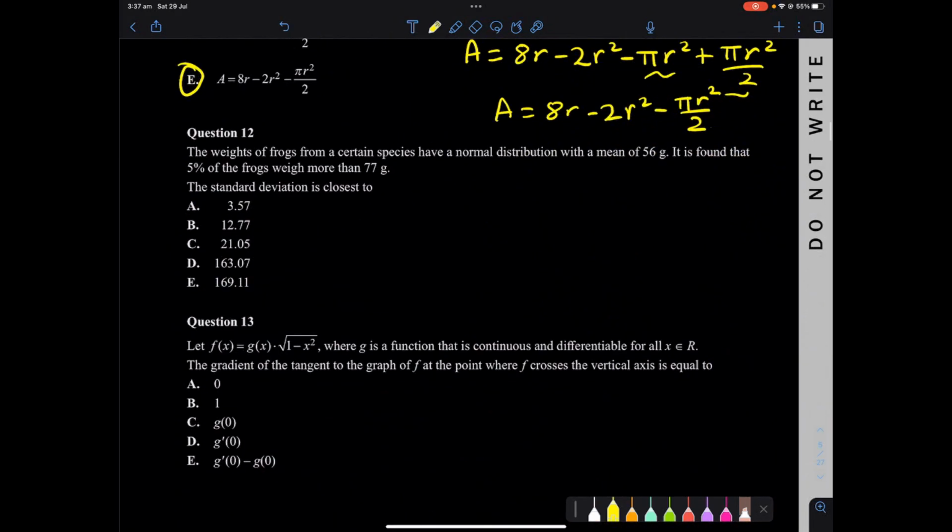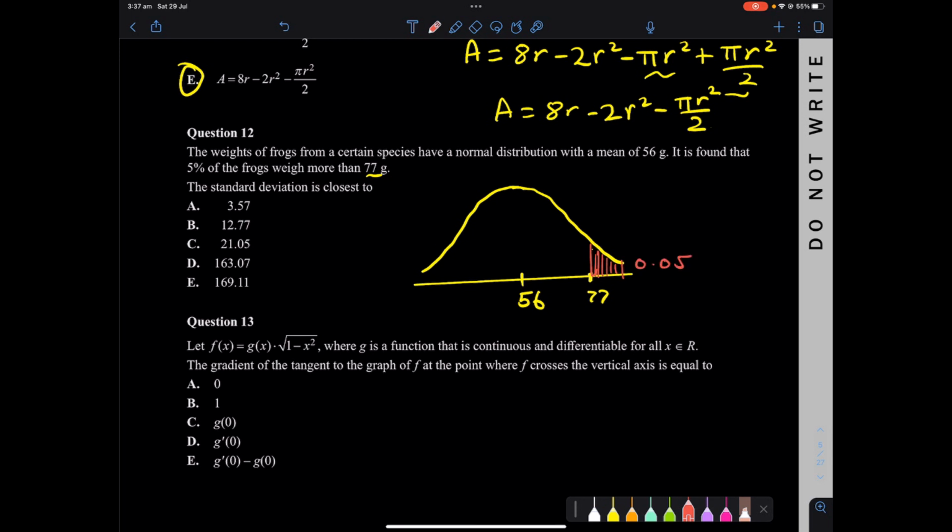All right, question 12. The weights of frogs from a certain species have a normal distribution with a mean of 56 grams. It is found that 5% of the frogs weigh more than 77 grams. The standard deviation is closest to... What we have is that your mean value is 56, and we know 77, and we have this area: 0.05 of these frogs are way more than that.